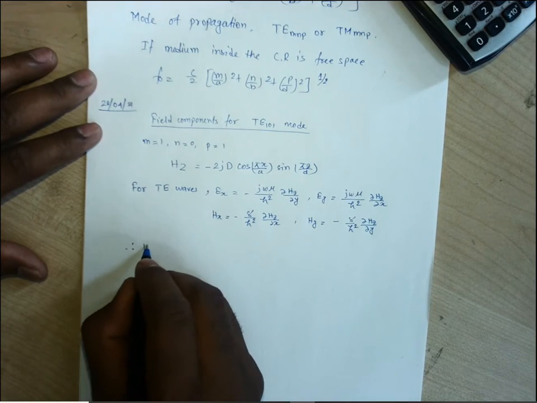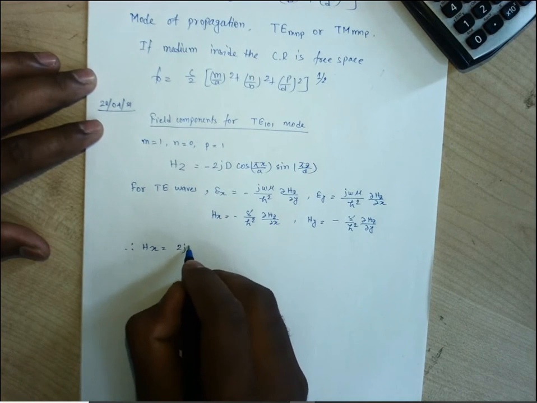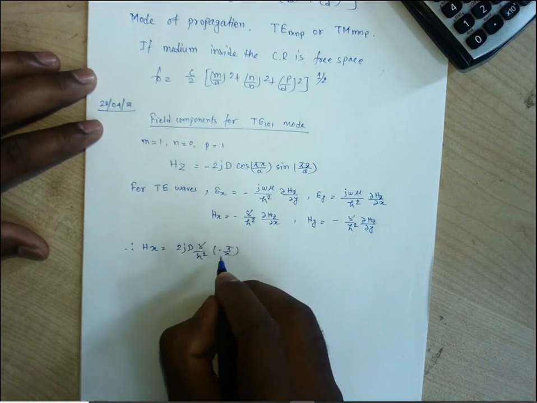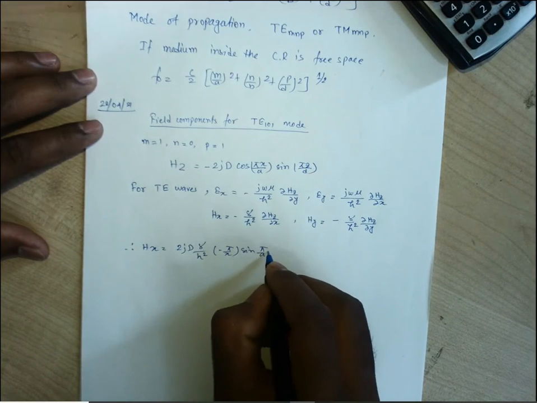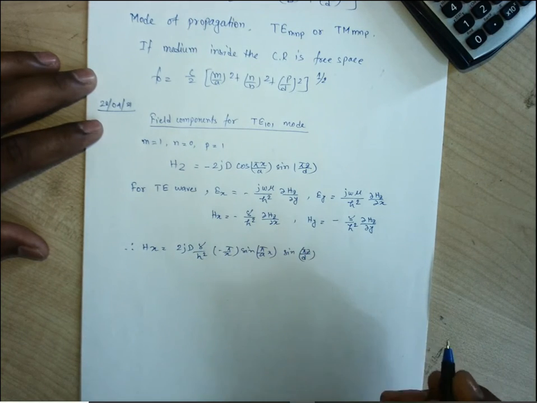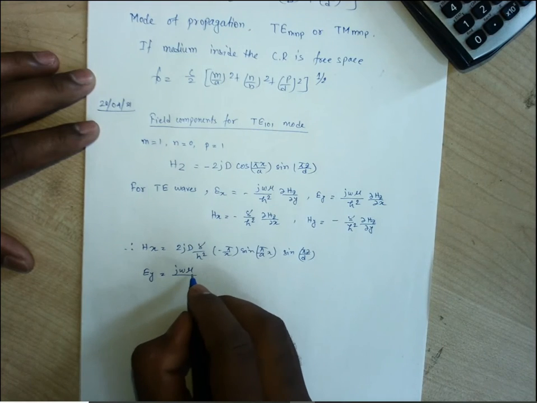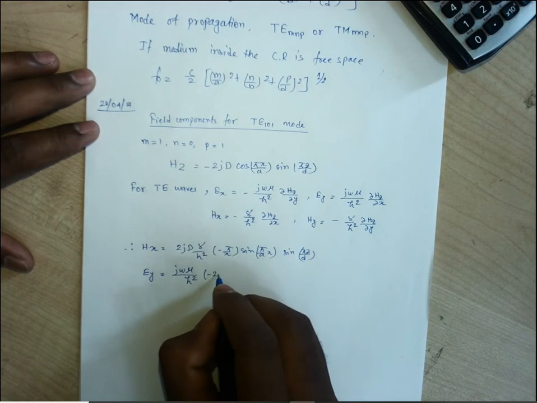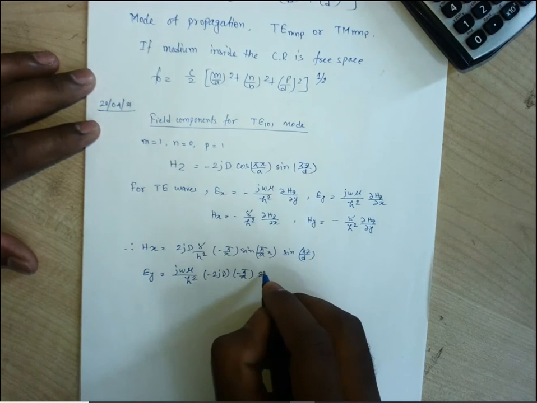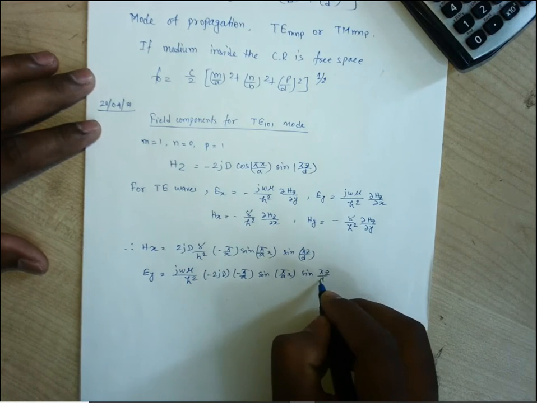Therefore Hx results in twice jD gamma by h square, minus π by A, sin(πx/A) sin(πz/D), and Ey is jωμ by h square, minus of twice jD, minus of π by A, sin(πx/A) sin(πz/D).